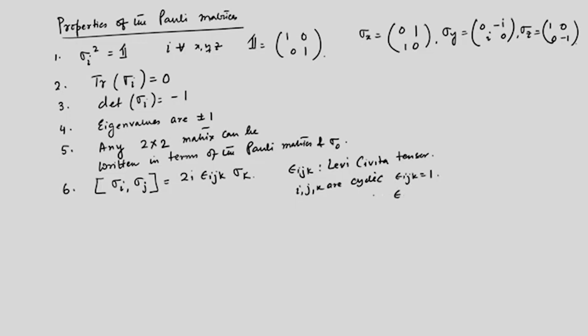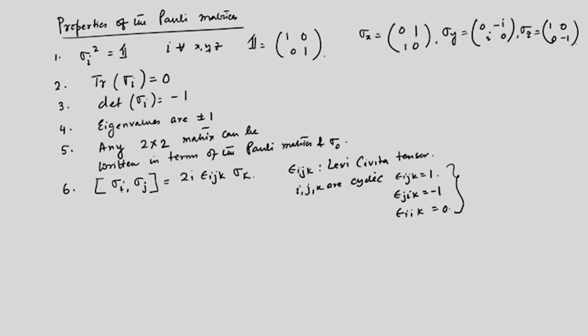If you break it once, say jik, then it becomes minus 1. That is, if you break the cyclic property, it picks up a negative sign. However, if at least two of them are the same with the other one different, then this is equal to 0. That is the property of this thing.